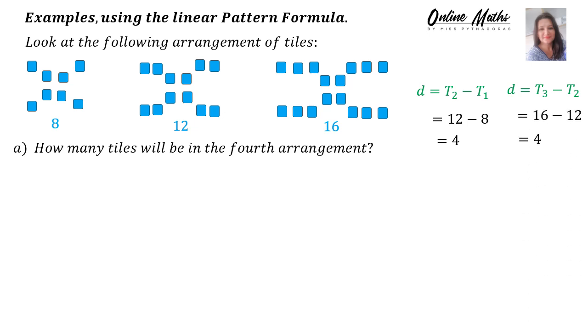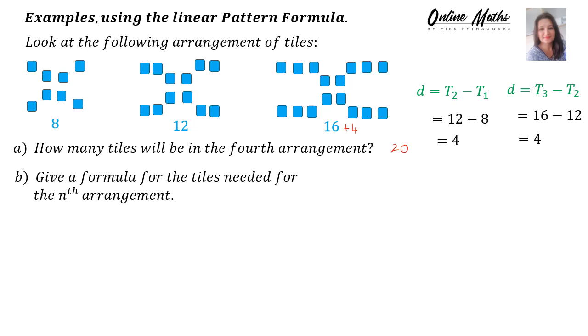Therefore, there is a constant difference of 4. The sequence is linear. Now to get to the next term, we will add 4. So 16 plus 4 is 20. So the fourth arrangement will have 20 tiles.